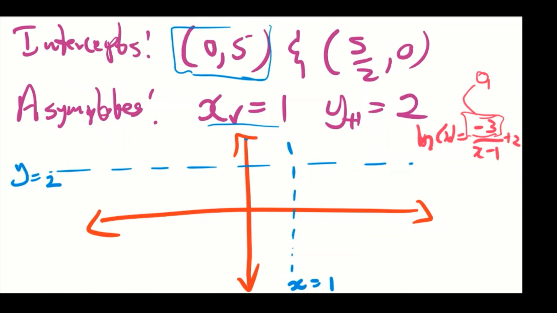So let's say 0 and 5 is somewhere here. The blue line going up is our vertical asymptote.